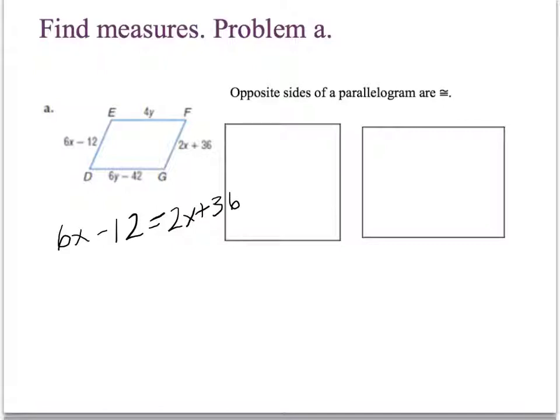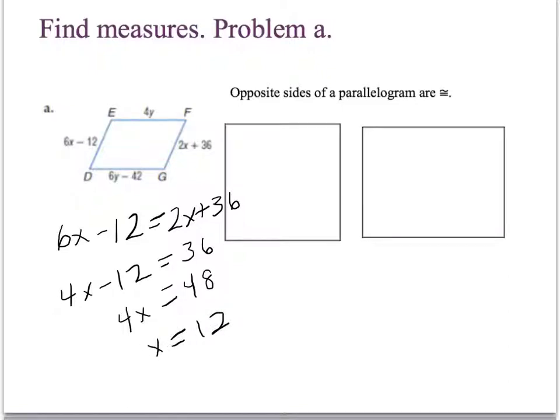I'm going to subtract 2x from both sides. 4x minus 12 equals 36. Add 12 to both sides. 4x equals 48. X equals 12. So for the first answer, x equals 12. So my sides on this side will be 60.